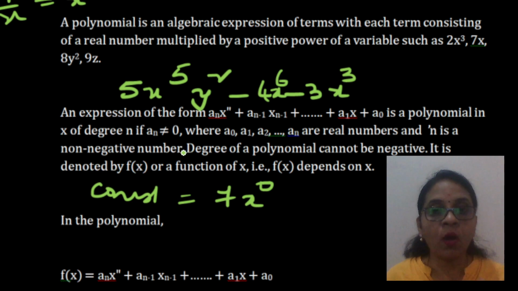Why is n a non-negative number? Because the degree cannot be negative. Please keep this in mind that the degree of a polynomial cannot be negative.